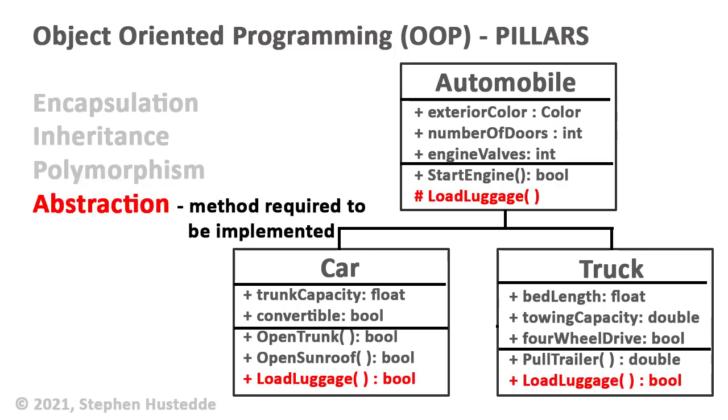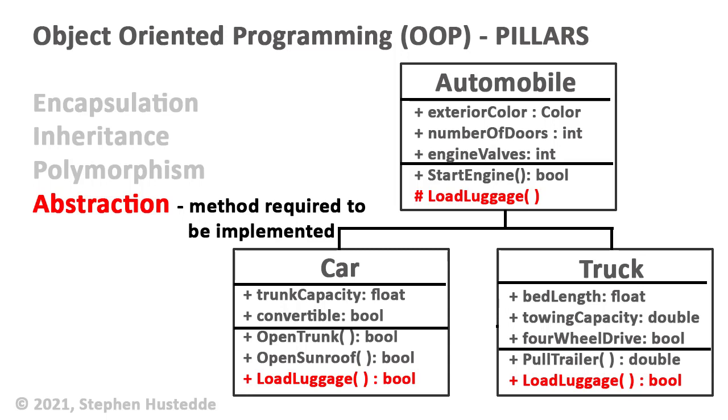And then abstraction kind of takes in the whole idea of inheritance and polymorphism, wraps those together in a methodology called abstraction, in which we specify a method in the superclass or the parent class that is not implemented. It's just simply named there. In this case, we might have load luggage.